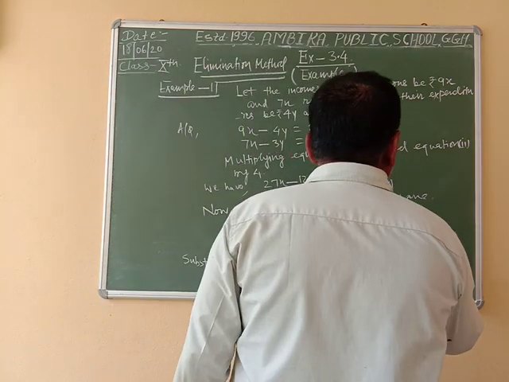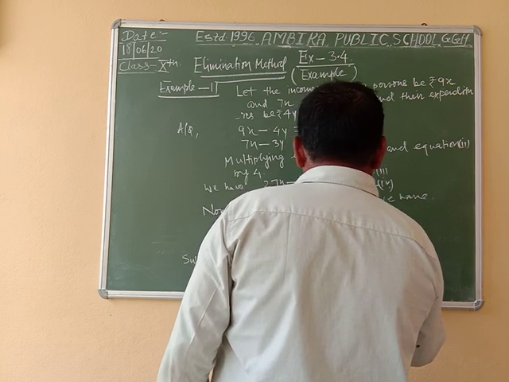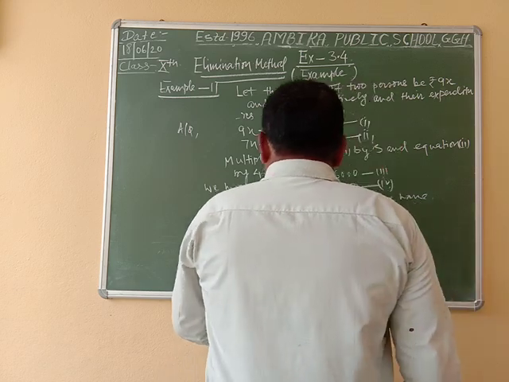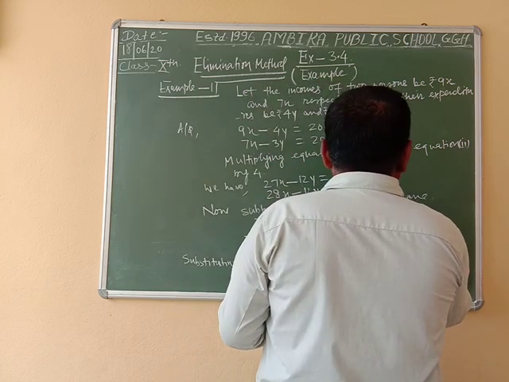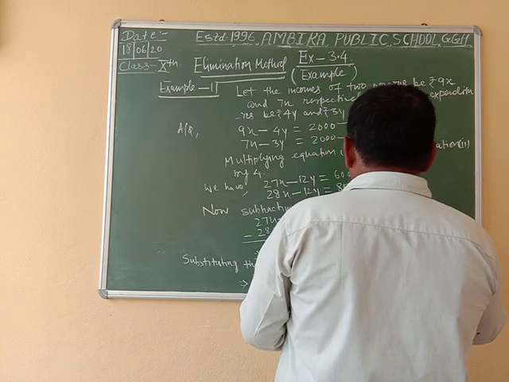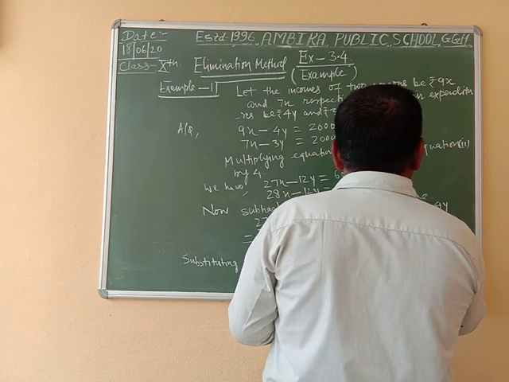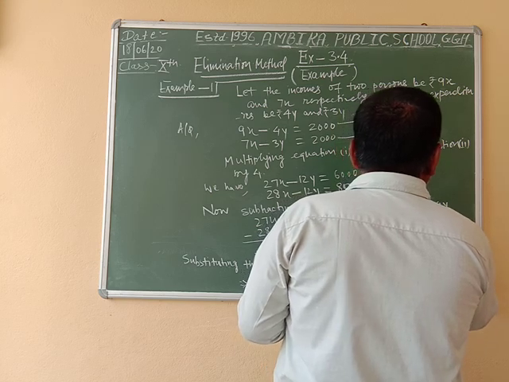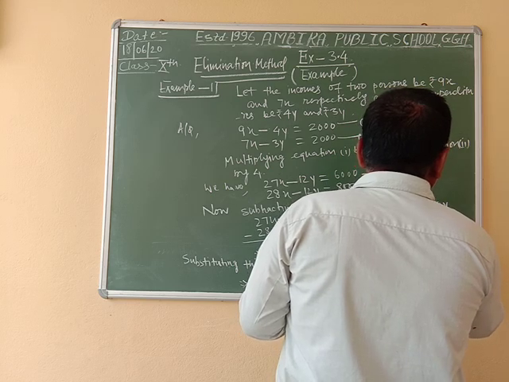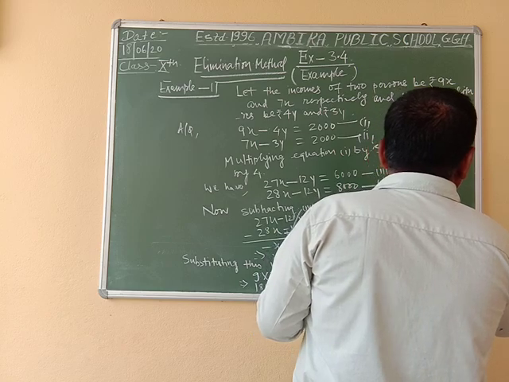Or 18,000 minus 2000 is equal to 4y, or 16,000 is equal to 4y, or y is equal to 16,000 by 4, which is 4,000.